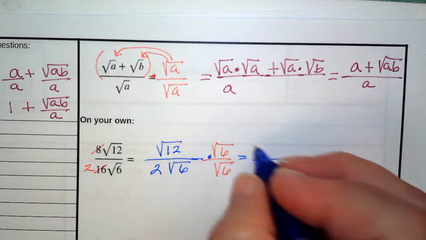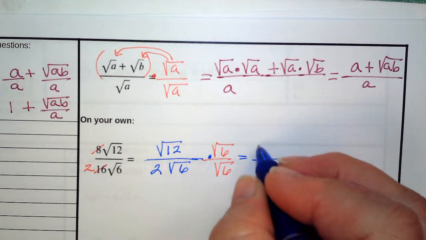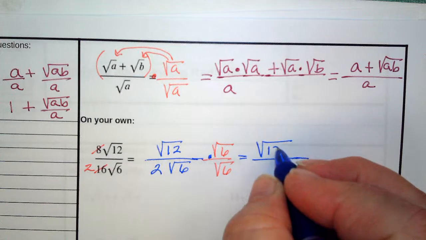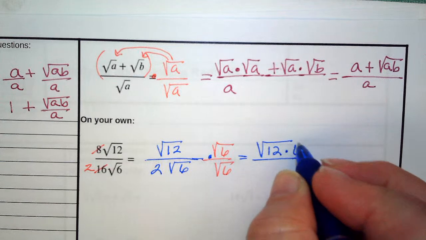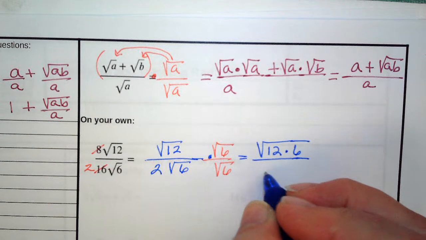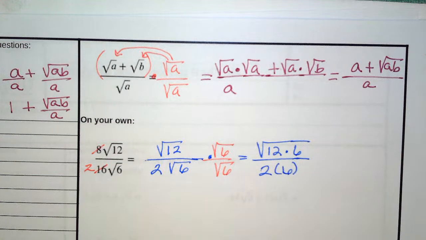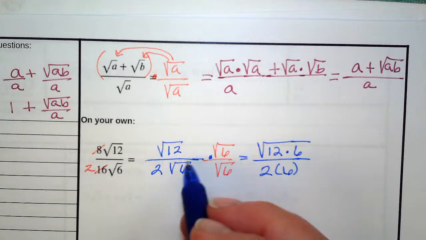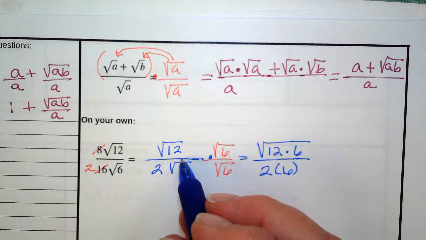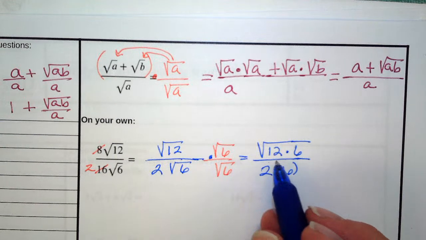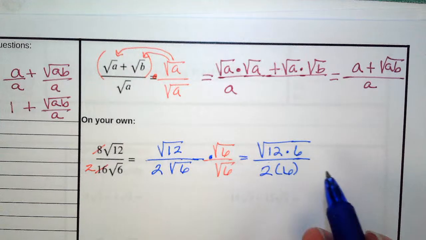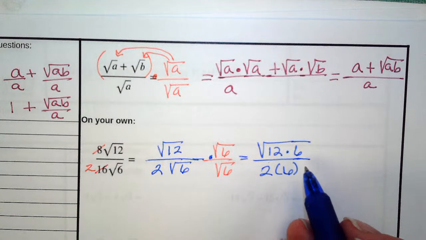And I end up with the square root of 12 times 6 over 2 times 6. Now I left it, we didn't simplify here, and we could have, but I decided to leave it in this form so we could think again.